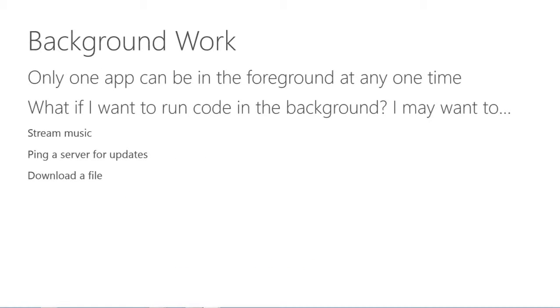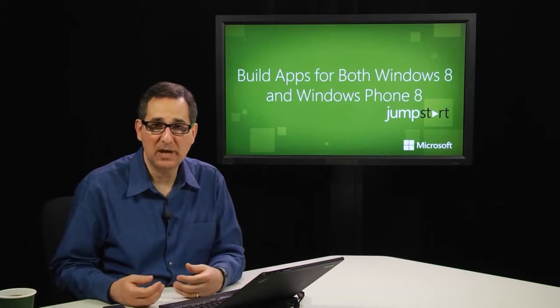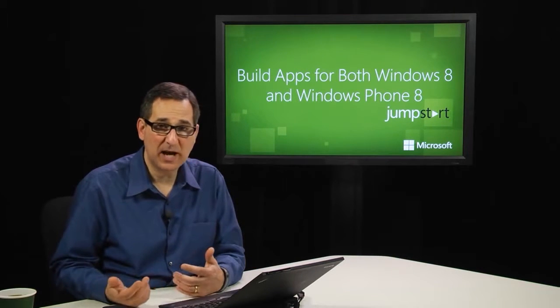Now, we talked earlier that only one app at a time, whether it's Windows 8 or Windows Phone, can be in the foreground. That's not actually true in Windows 8. You can have two apps in the foreground if you use a snap view and a filled view. But for all intents and purposes, you have an app or two that's in the foreground. But there may be some pretty interesting scenarios where you may want to run code in the background.